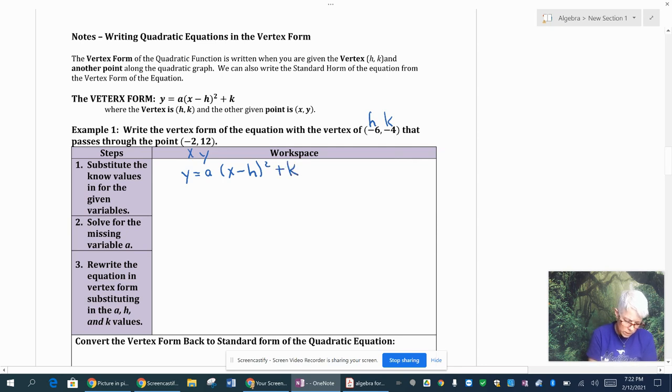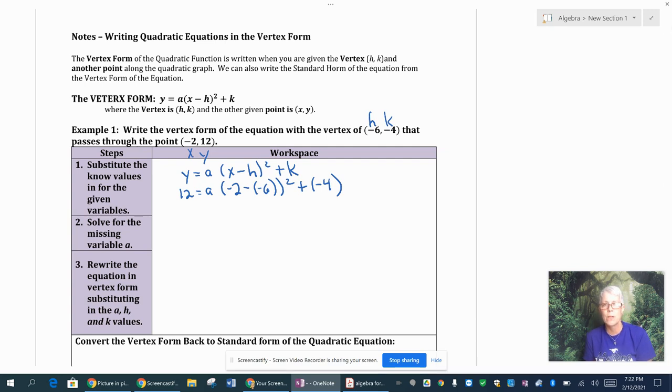Now let's see, we said the Y is 12. There's that A, and then X is -2, and then we have a minus a negative, minus a -6. This is about as tough as it gets here. Lots of negatives, so we'll just knock out the hardest ones to start.